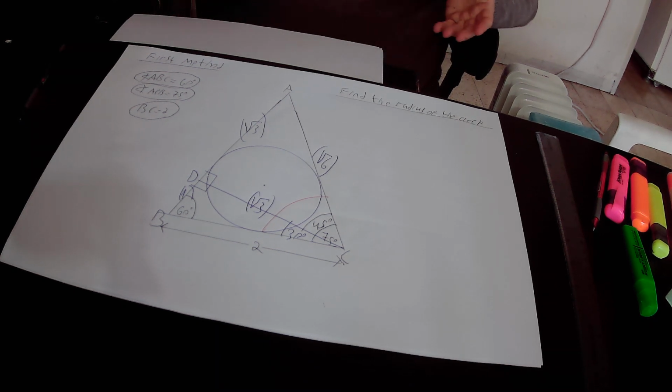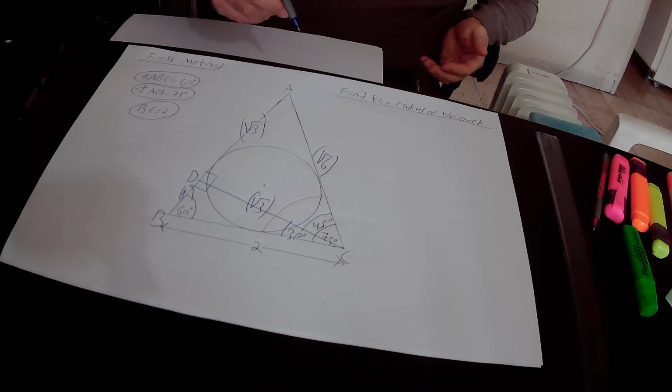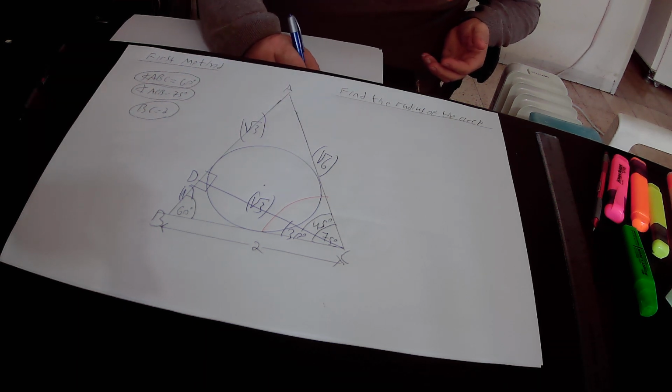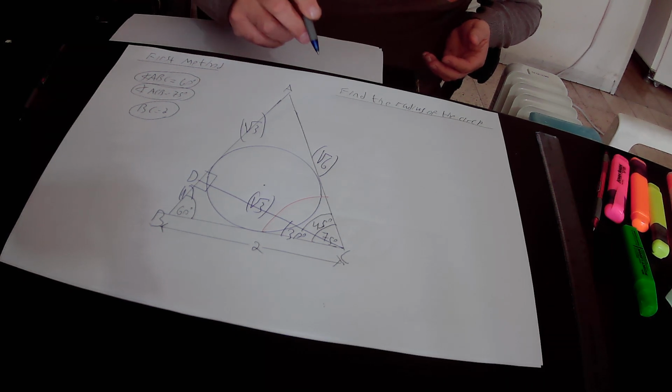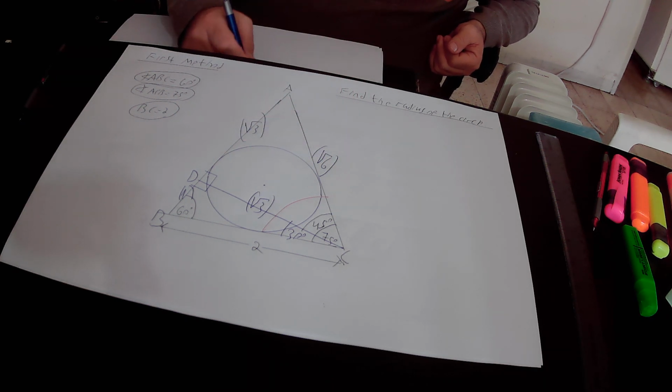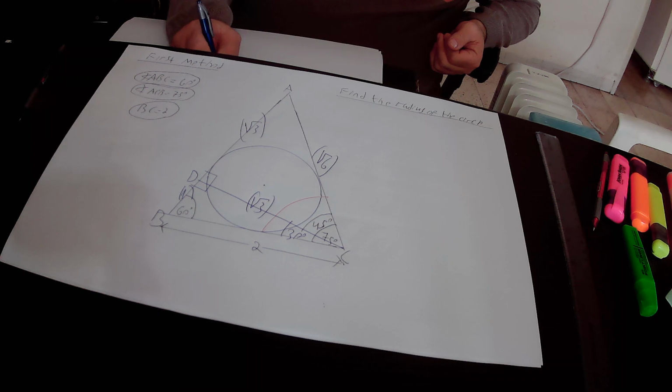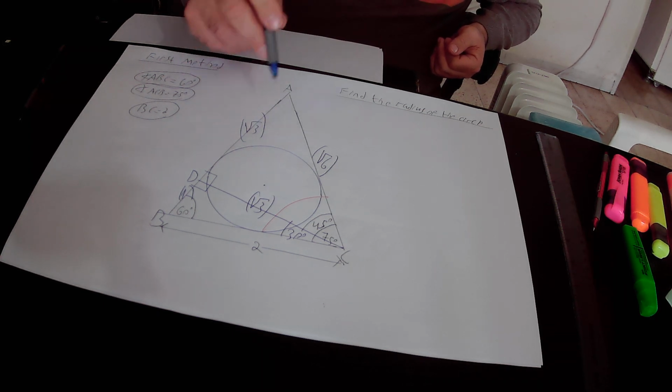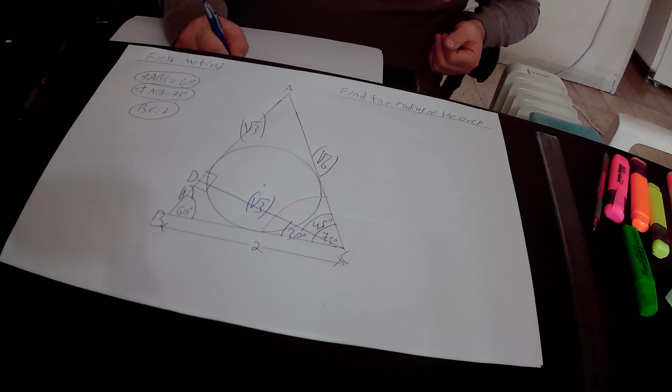Okay, so we define the radius of this circle as R. So the radius R, according to rule number 15, of this circle will be equal to the area of triangle ABC that blocks this circle over the semi-perimeter of the same triangle ABC.